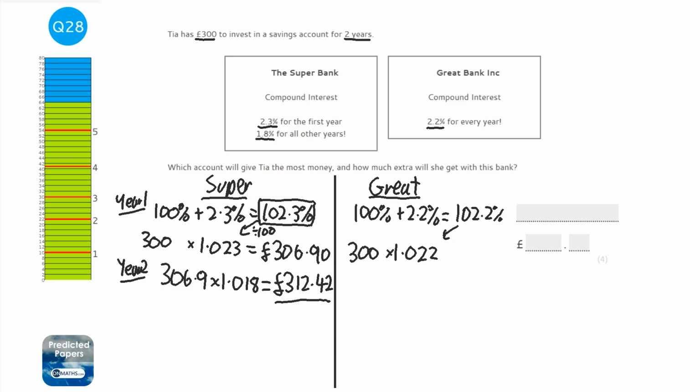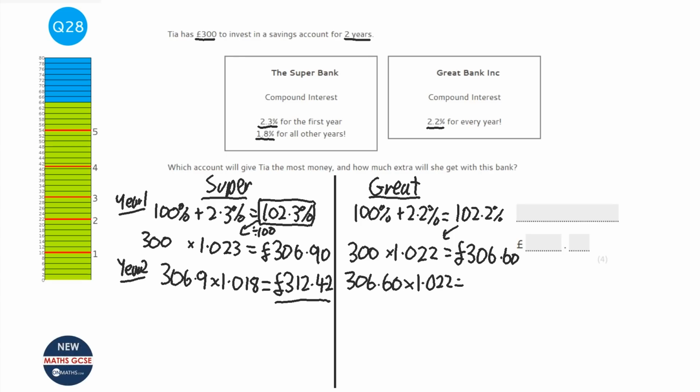So 300 times 1.022, and I get £306.60. Then I'm going to times that again by 1.022, and this time I get 313.34. Ooh, actually, that would be 35 if I round it to the nearest penny.